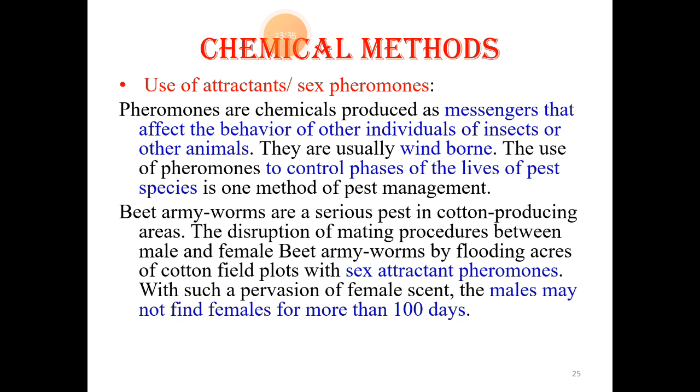Besides being used as pesticides, chemicals are also used to confuse the male insects in agricultural fields by using the female sex attractant hormone in various traps. So these chemicals, along with the trapping method, are used together to kill the pest population.